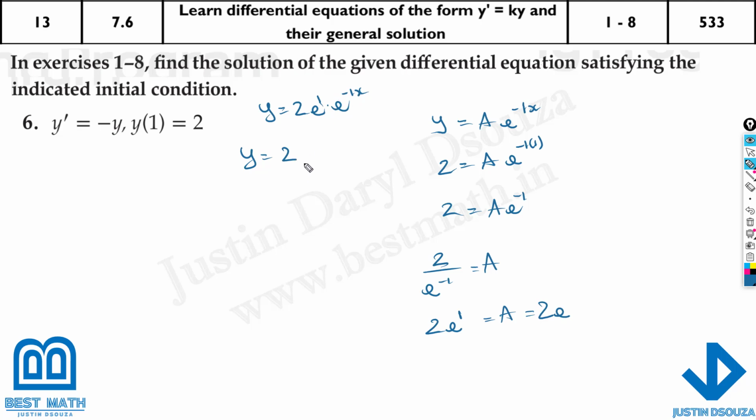So it'll be 1 plus minus 1x. That'll be 1 minus 1x. Basically, you can just write it as x. So it'll be 2 e to the power 1 minus x. That is y. So that is the correct answer.